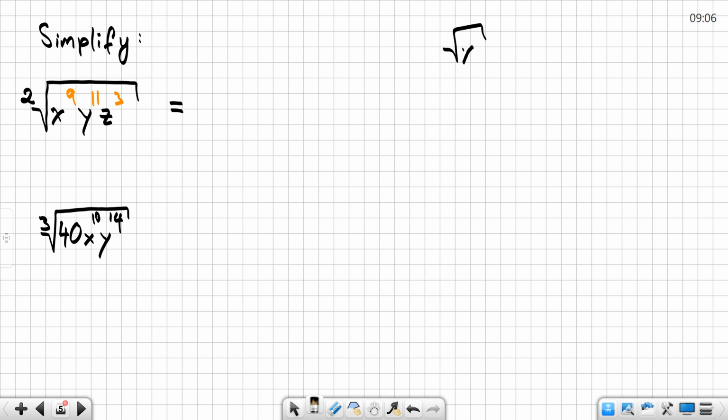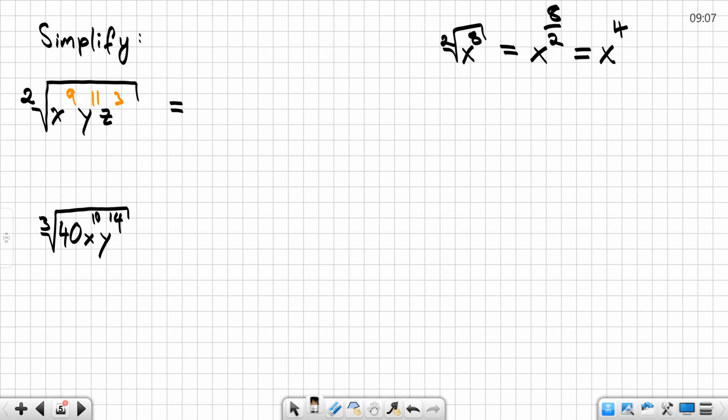If I would have the square root of x to the 8th. Now 8 is divisible by 2. Why is this interesting? Because we have learned in the last section that I could rewrite this with a rational exponent. This is the same thing, x raised to the 8 over 2. And now 8 is divisible by 2.